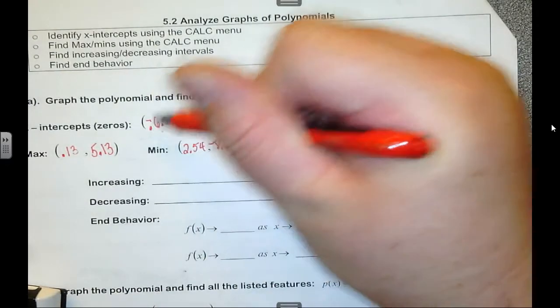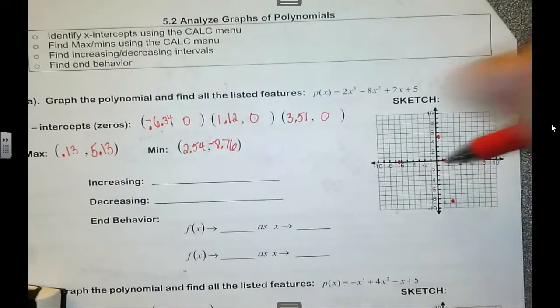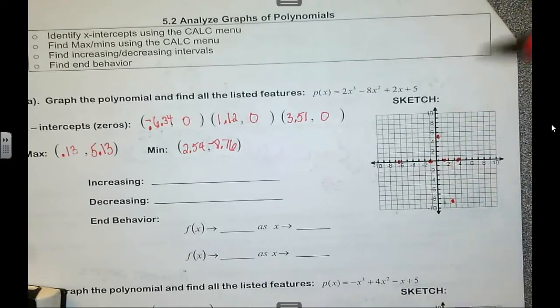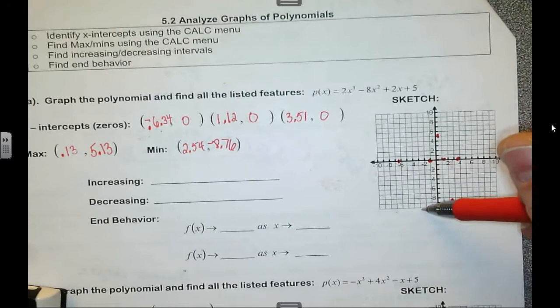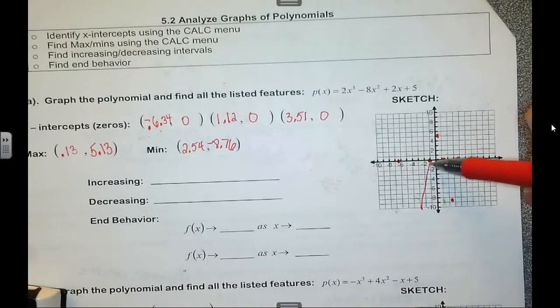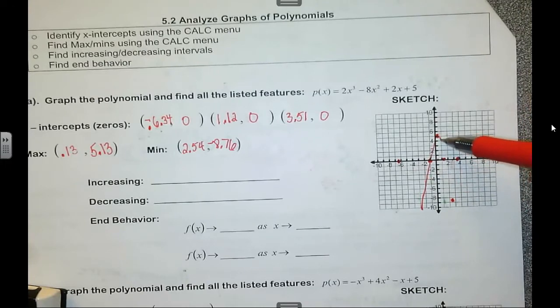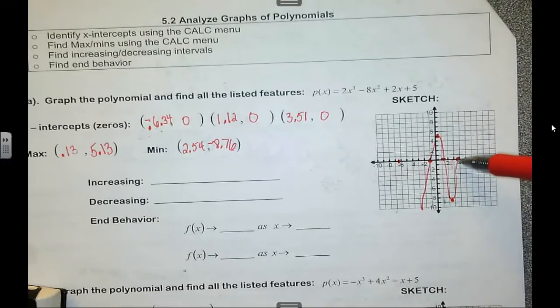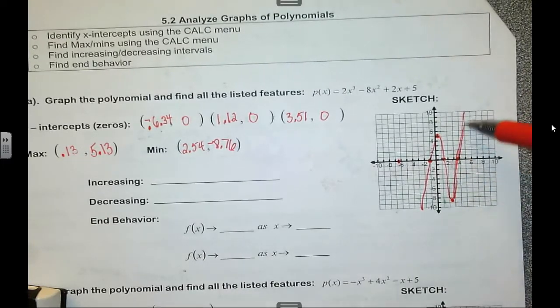Oh, negative 0.634. Coming up from the bottom, my max, turn, hit my min, turn, and there's my graph.